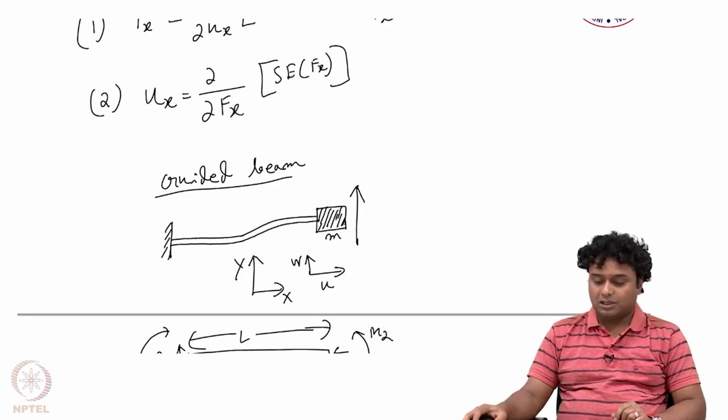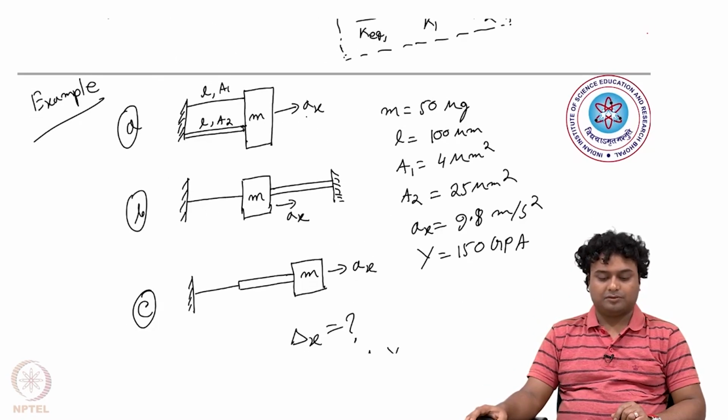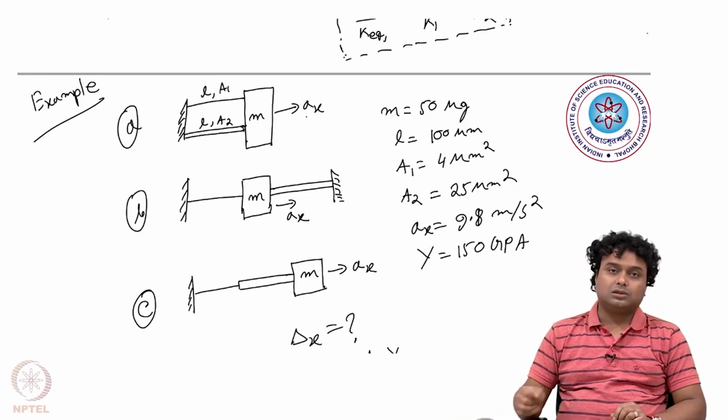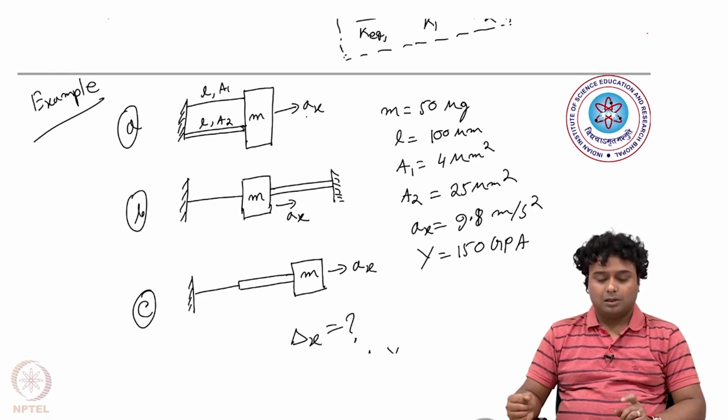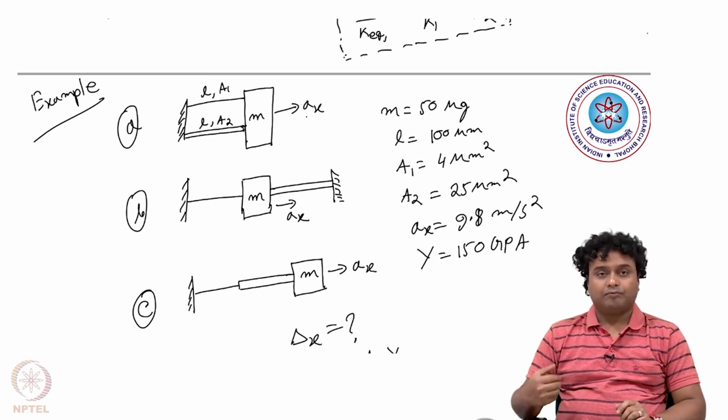And what do we do with the spring constant? We saw one example in one of the previous classes: once we know the stiffness constant for one particular beam, then for whatever arrangement we have, with multiple beams, we can apply the parallel spring or series spring formula and get the equivalent spring constant.